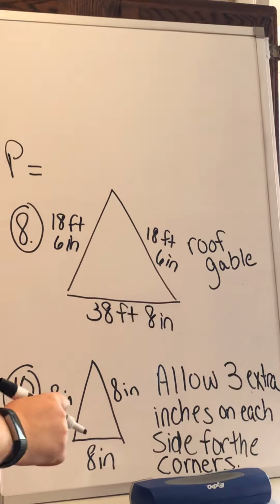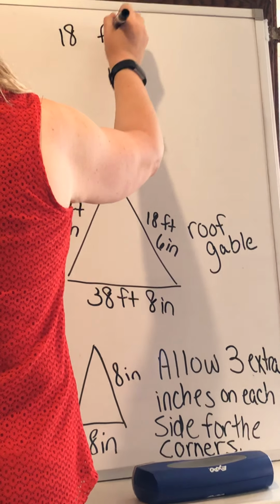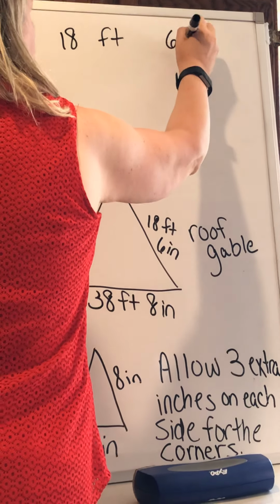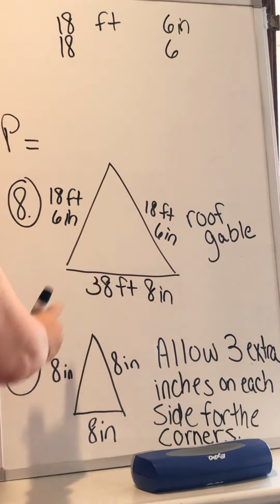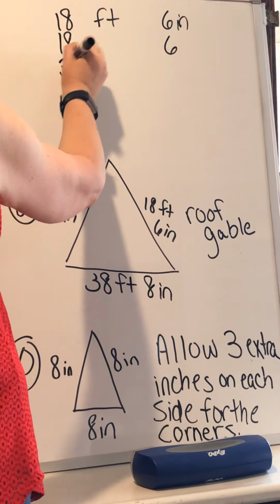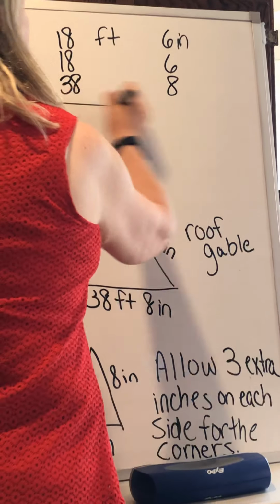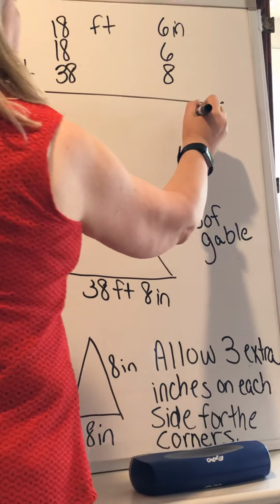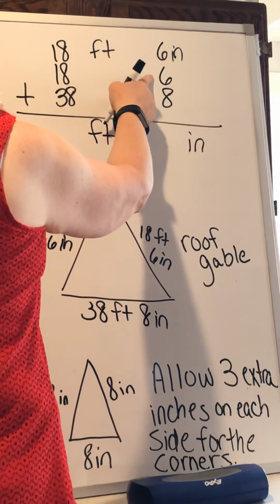Okay, let's start taking this. We have 18 feet, 6 inches, 18 feet, 6 inches, 38 feet, and 8 inches. Let's add all this up. How many inches do we have when we add the 6, 6, and the 8?